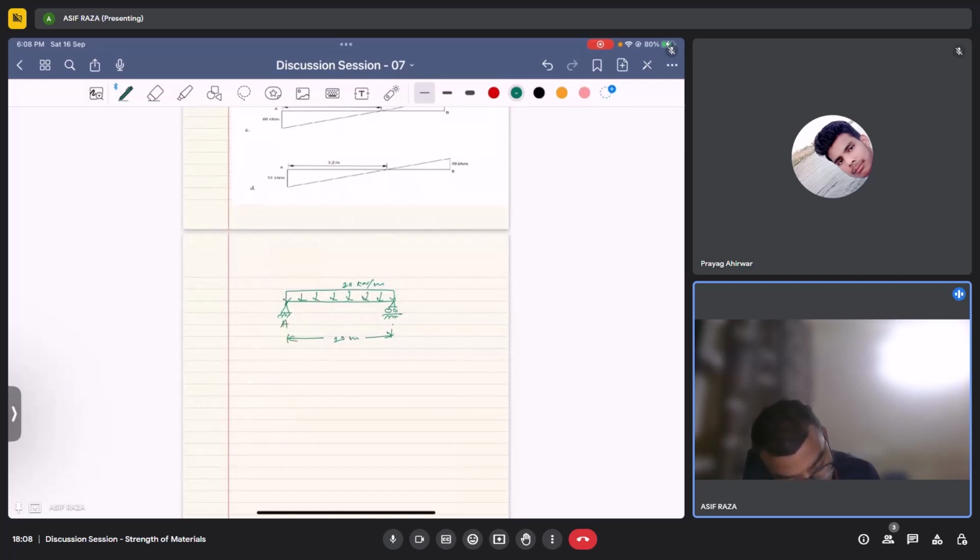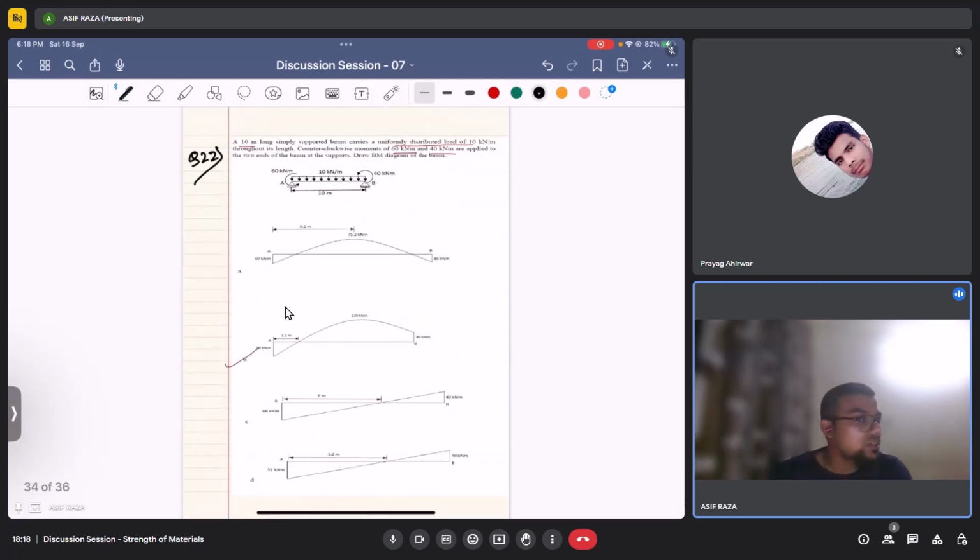I'll take this as A, this as B, and the moments. To reiterate this last question: the 10-meter long simply supported beam carries a UDL of 10 kN per meter throughout its length. Counterclockwise moments of 60 kN and 40 kN are applied to the two ends of the beam at the supports. We had to draw the BMD of the beam.